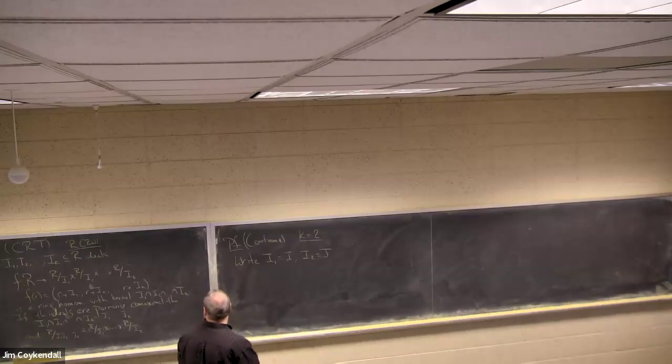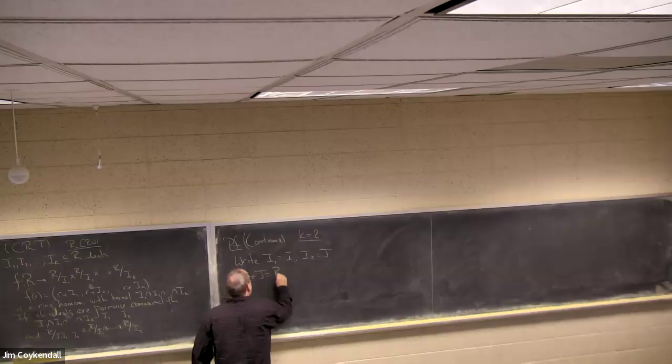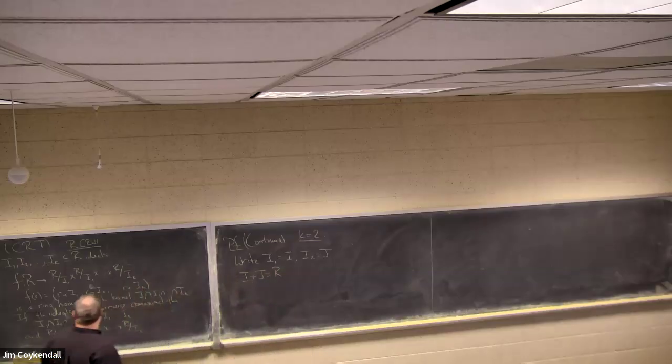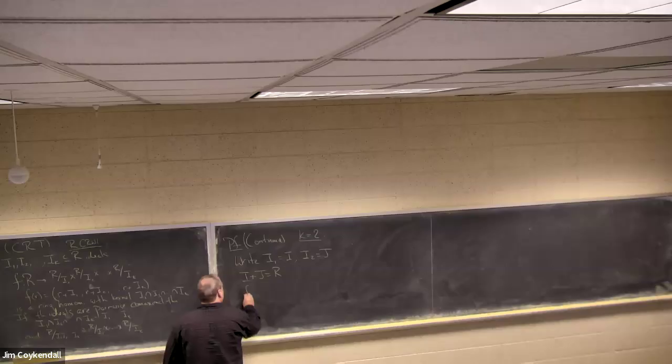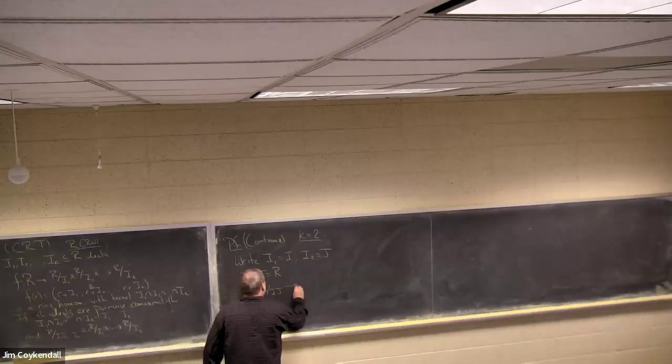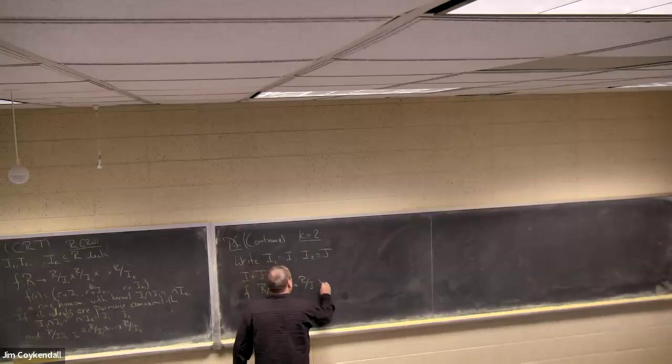Now, I claim that, assuming the statement down here that the ideals are pairwise comaximal, I plus J is R. And yes, f from R mod IJ to R mod I.